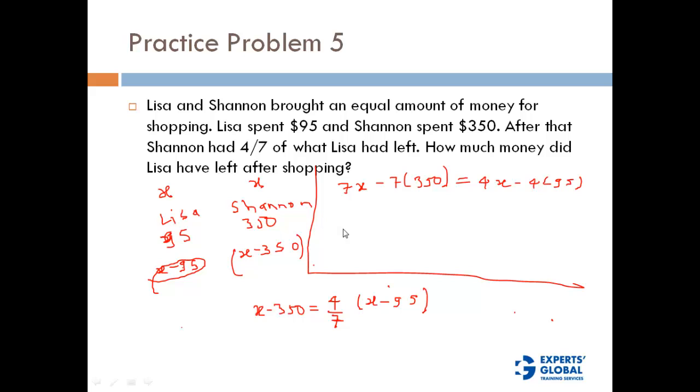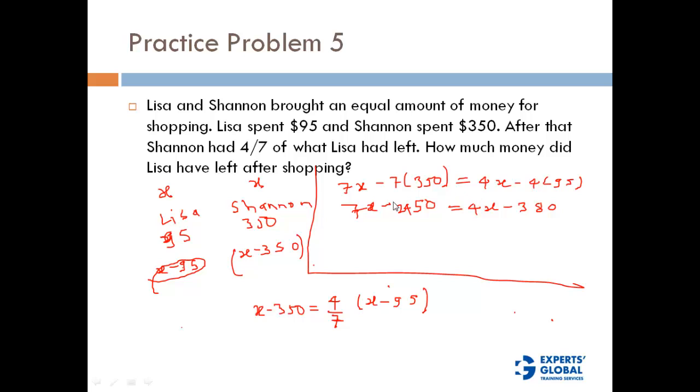Correct? So let's solve this. 7x minus 7 into 350 is 2450, equal to 4x minus 380. 4 into 95 is 380. Correct? Like last time, we have to get all the variables on one side.